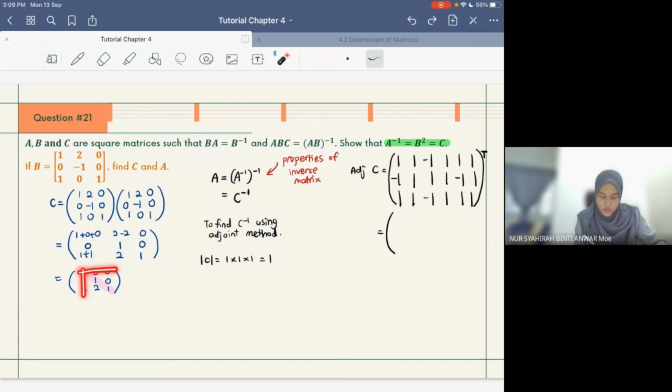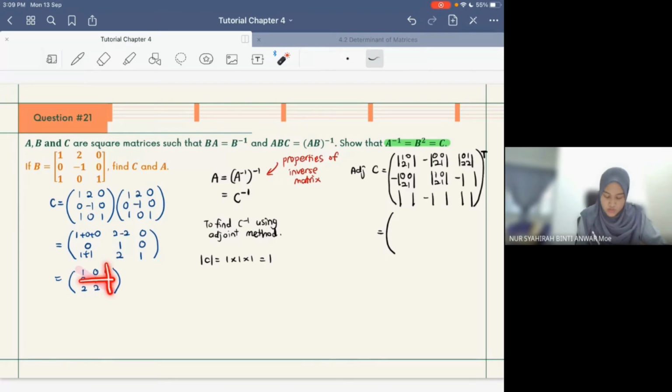Deleting this we get 1, 0, 2, 1. And then delete first row, second column: 0, 0, 2, 1. First row, third column: 0, 1, 2, 2. And then second row, first column: 0, 0, 2, 1. Second row, second column: 1, 0, 2, 1.